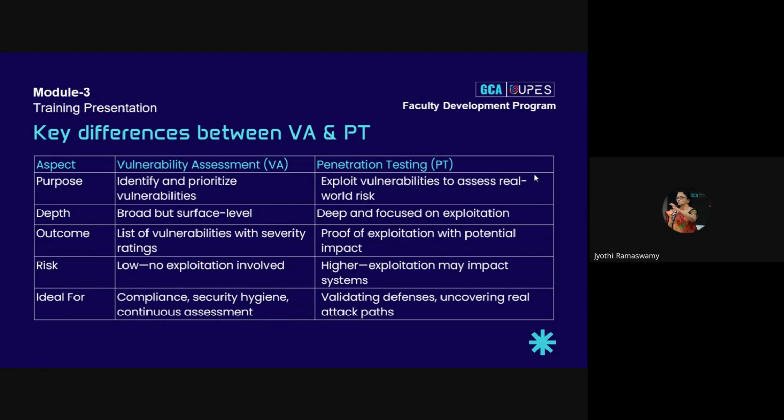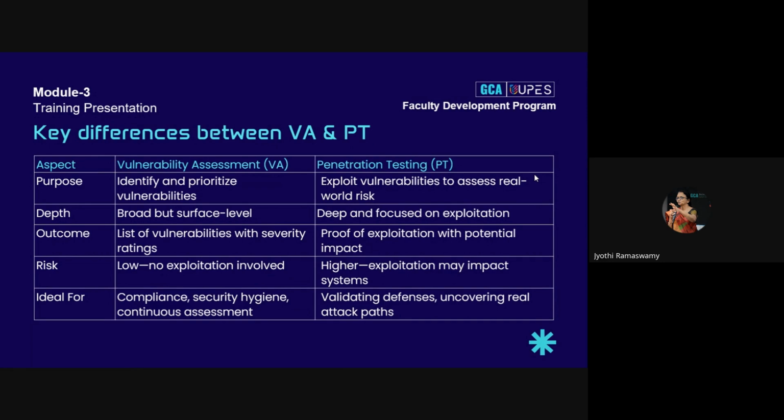It may make changes to the configuration. So if you have to do a penetration testing, then you have to take an image of your setup and test it in that image only. You should not test it in your exact production environment, right?